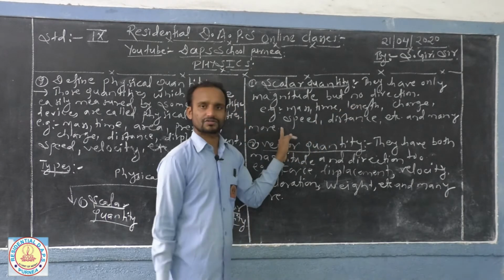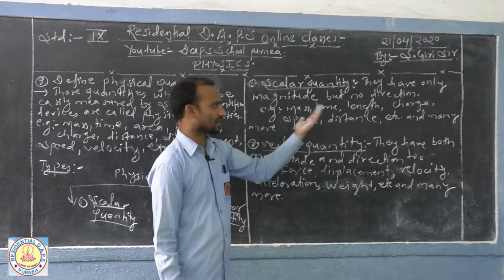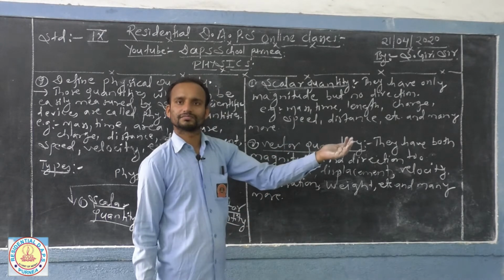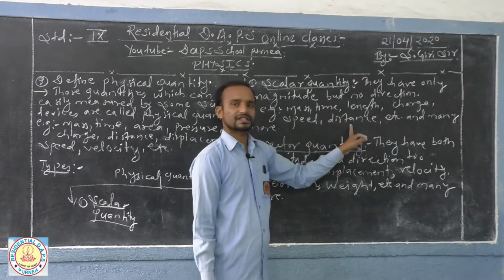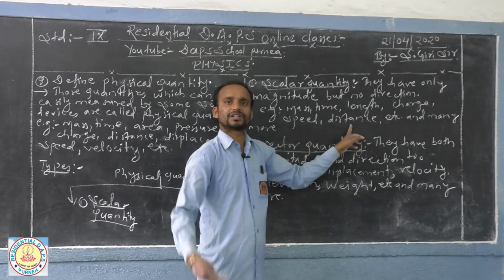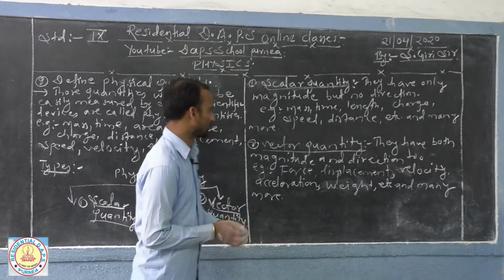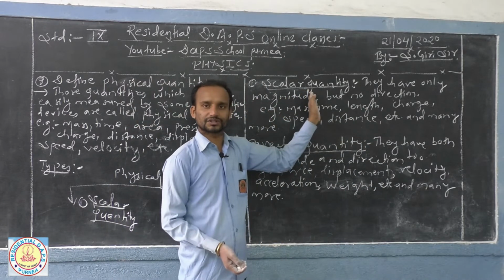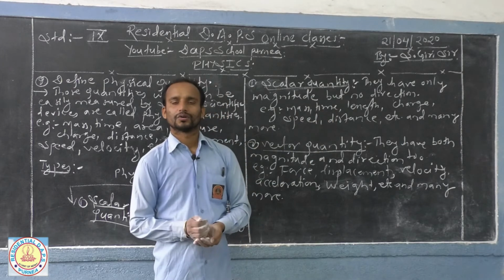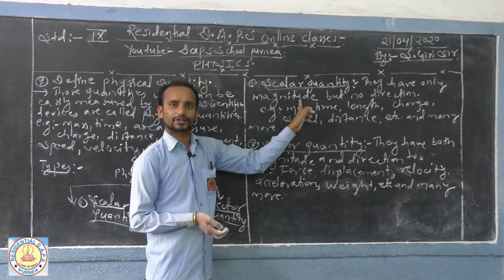Charge, the electrical charge on a body, is scalar, something in coulombs. Speed in meters per second, distance in meters or kilometers, and many more. You can collect many more examples. Simply remember the meaning of scalar quantity: those quantities which have only magnitude but no direction are called scalar quantities.